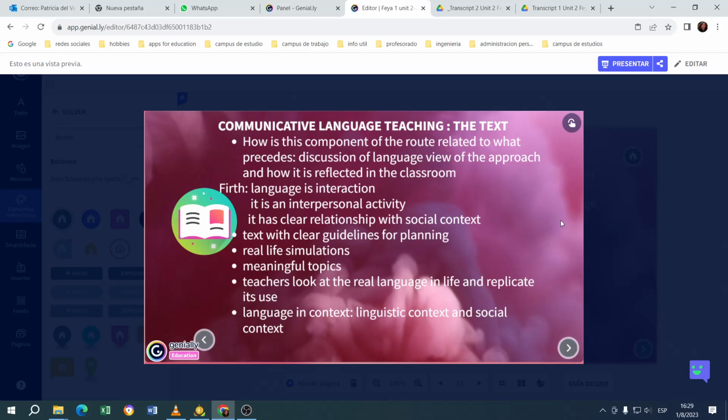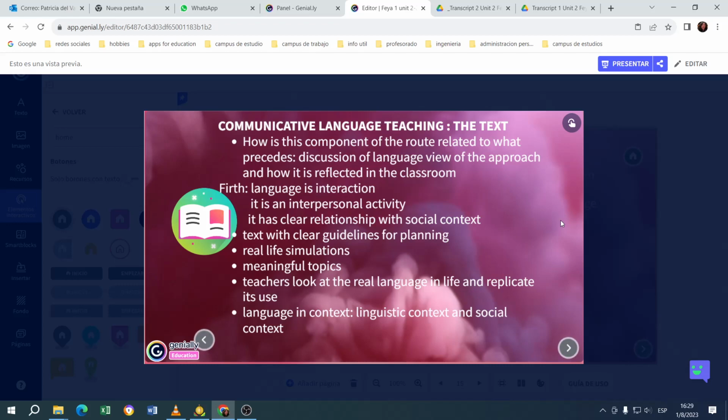This view of language then corresponds with the interactional view. Okay? So, from a communicative language teaching stance, this is the view of language teachers should hold. And this is the view of language that should be reflected in the lessons.